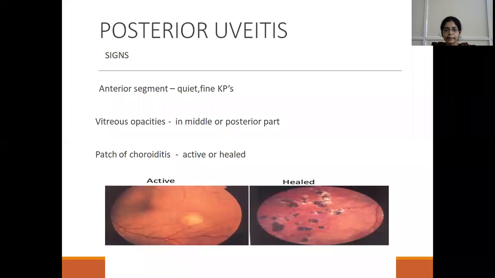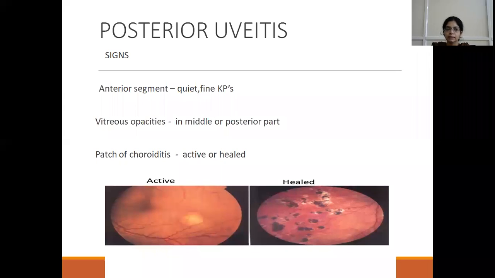An active choroiditis patch, as you can see in the picture below, could be yellowish white or dirty white or dirty gray in color. You can see it is slightly raised above the surface, and please see that whatever vessels are going through it, the retinal vessels will be coursing over this patch of choroiditis, not under it.